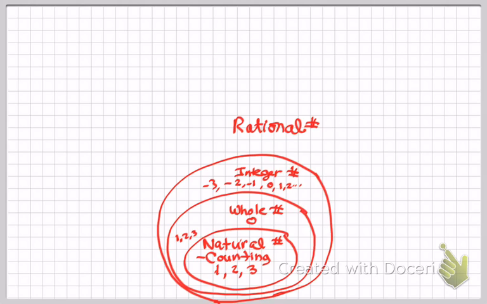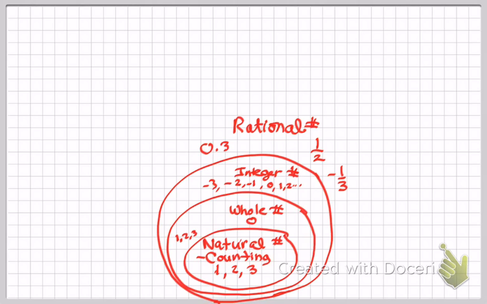But what else do they include? Matthew? Fractions and decimals, or negative fractions and decimals. So like 1/2 or -1/3. And decimals, so like 0 and 3/10.